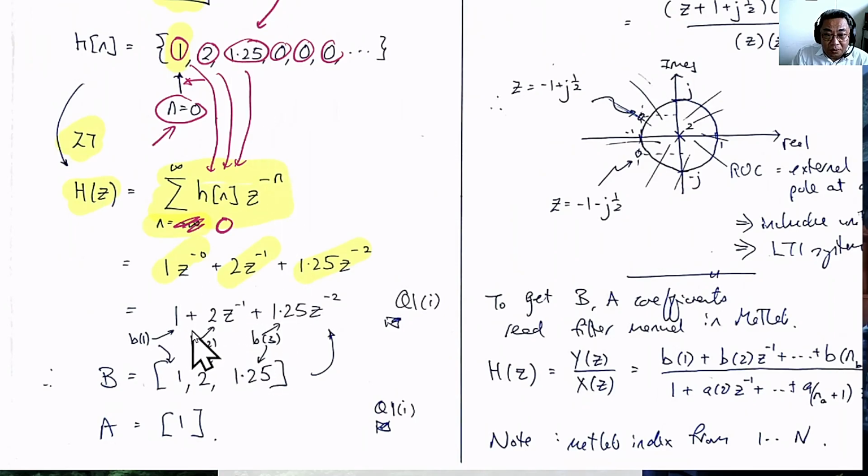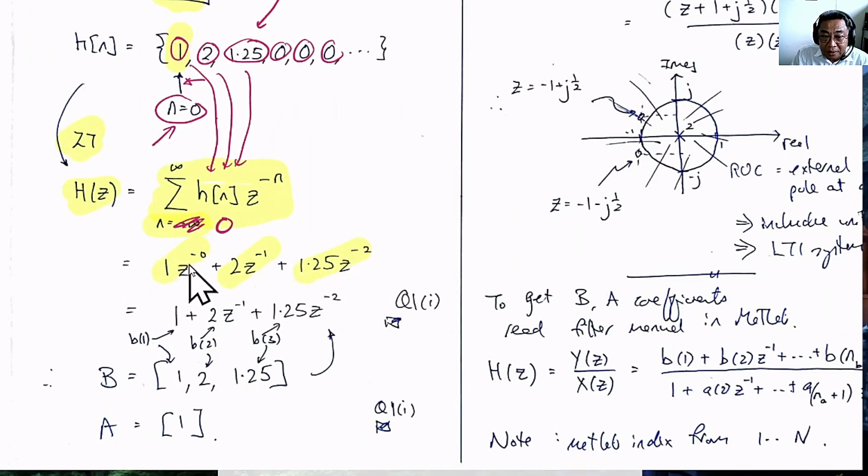Sometimes we want to convert this into B's and A's, where B's and A's are the coefficients of the filter in MATLAB. Now in MATLAB, B represents the numerator of a filter rational function, in negative powers in descending order.